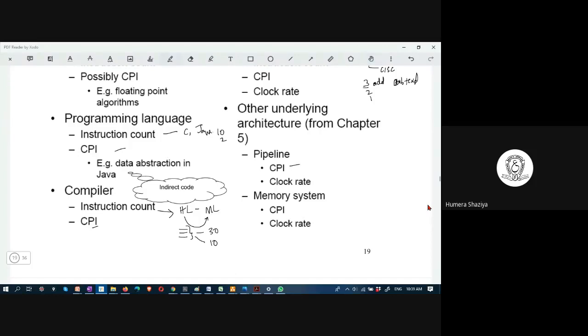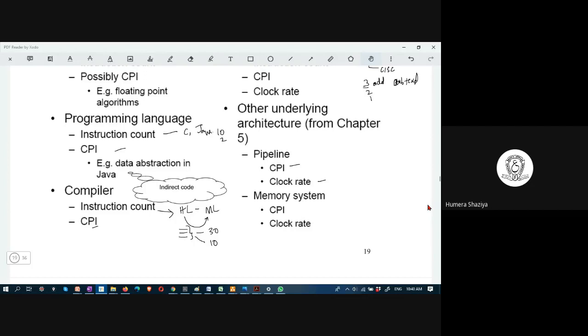Cycles per instruction and clock rate have an impact here, and if there is a pipeline, cycles per instruction would be reduced, but for that, clock rate should be high.